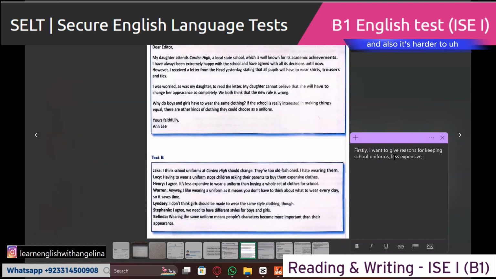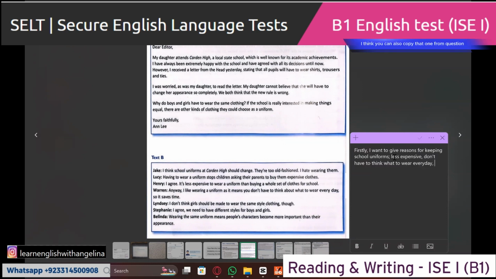The second thing is it's harder to choose what to wear. But we need to give a reason to keep. So we have to say, you don't have to think what to wear every day, right? It saves time. Yes, what to wear every day.